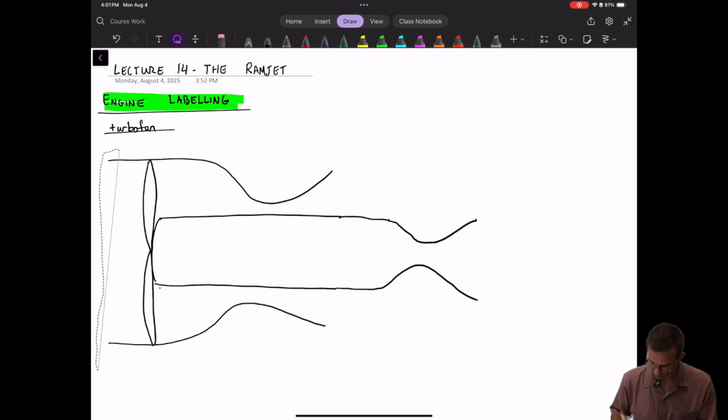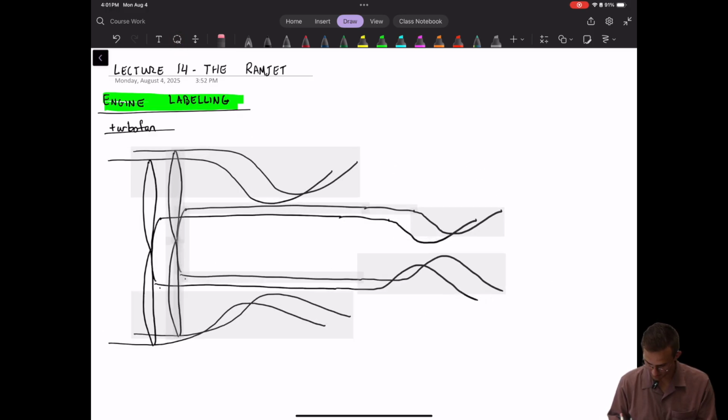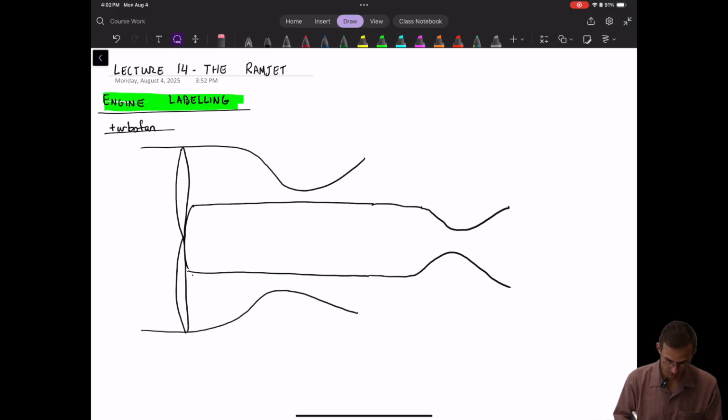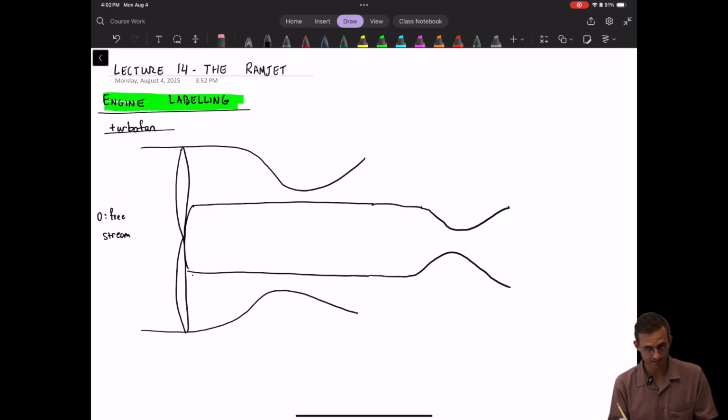Let me move it a little bit to the left so I can label the free stream, which is our first label. The label 0 refers to the free stream. And then usually we have an inlet, and the general inlet we draw with a miniature converging-diverging section.